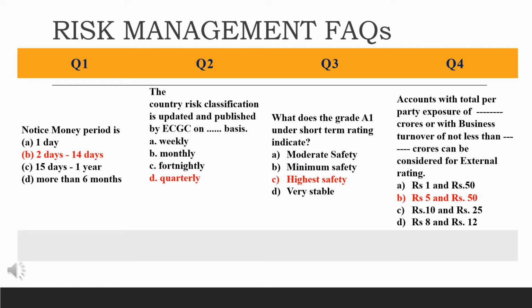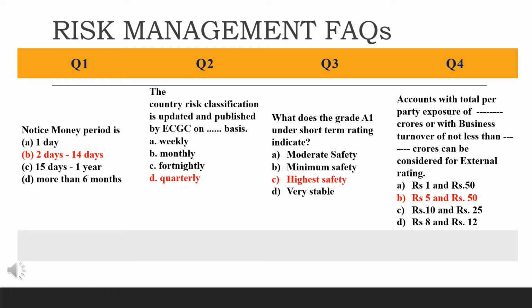The instruments with this rating are considered to have a minimal degree of safety with regard to timely payment of financial obligations. Such instruments carry very high credit risk and are susceptible to default. Then comes the D category: instruments with this rating are in default or expected to be in default on maturity.